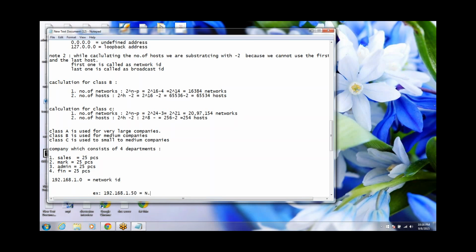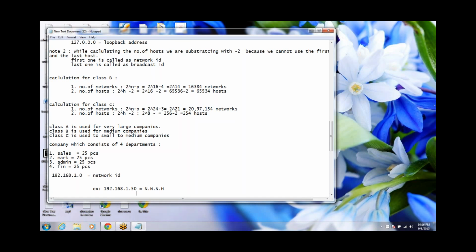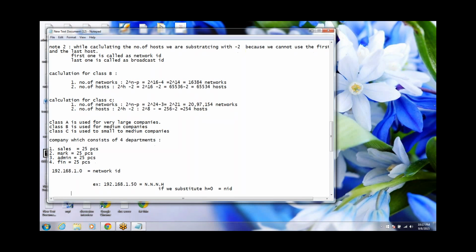What is the octet format? N.N.N.H. In this octet format, if we substitute H equal to 0, that becomes the network ID.